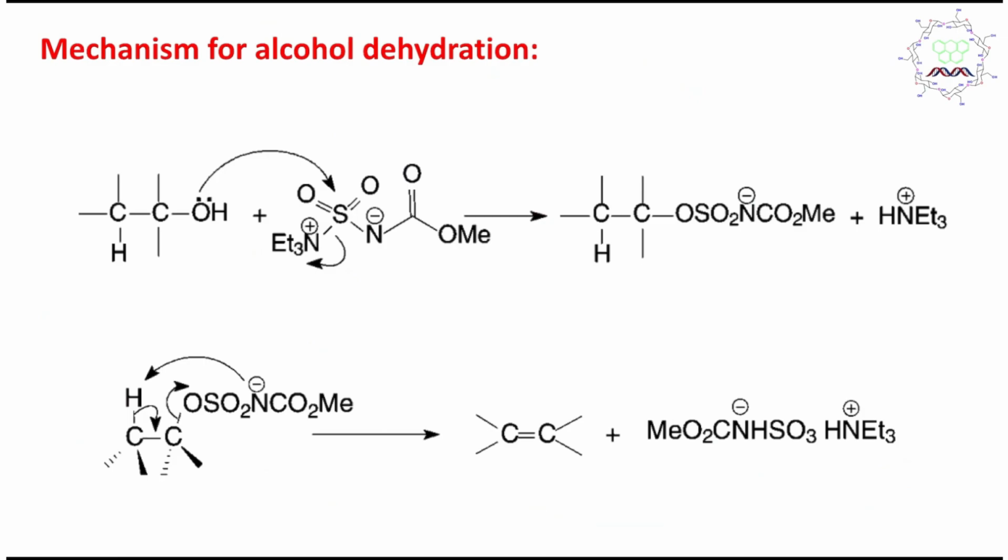Now, how is this reagent acting in alcohol dehydration, or more specifically, tertiary alcohols? If you look, this reagent is also, student, a tertiary alcohol, a tertiary carbon, because this is a carbon and the third part is obviously carbon too.